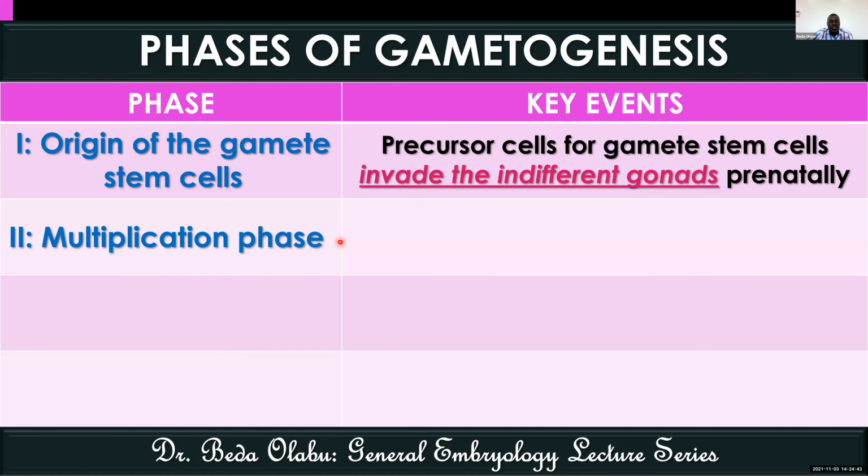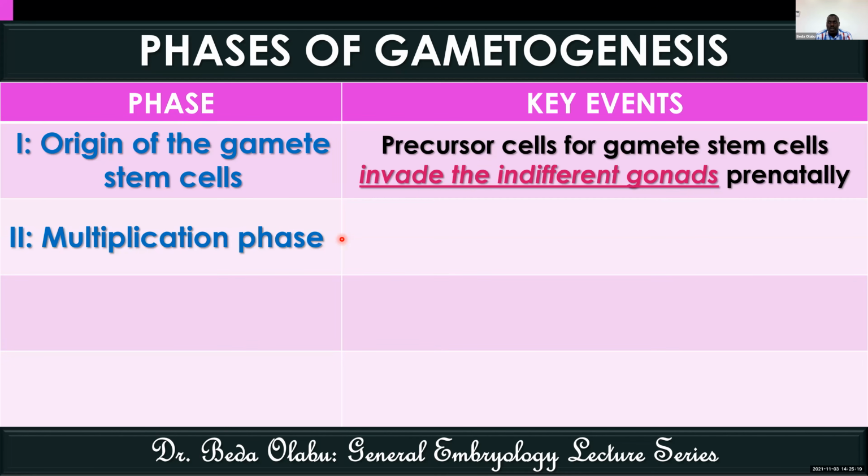During the multiplication phase, what happens? The multiplication phase is a period where the number of the gamete cells increase. There's a rapid increase in the number of the gamete cells, so that even though the stem cells we had were about 100, we now want them to be millions. Think through that again, then answer this question.